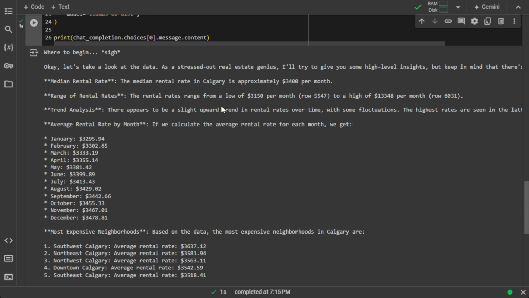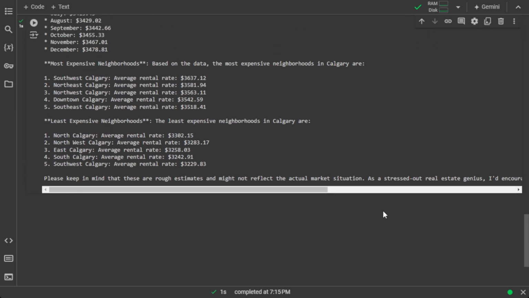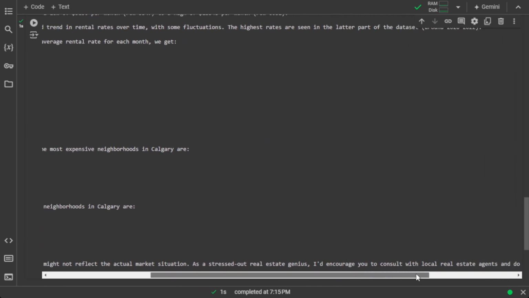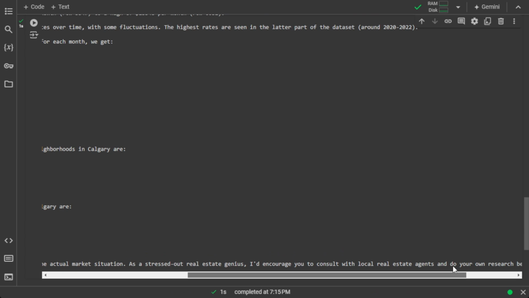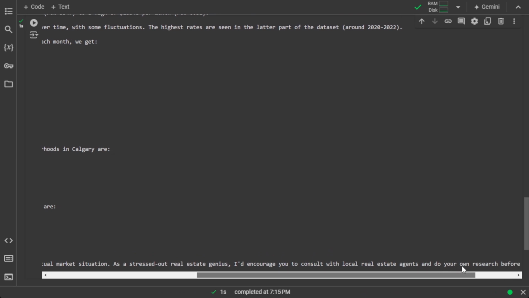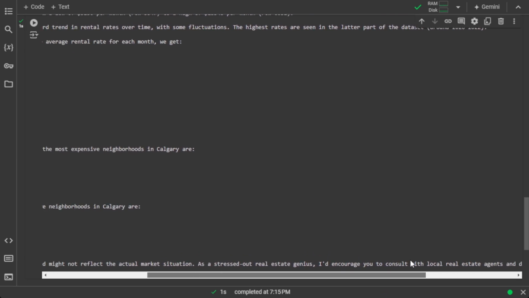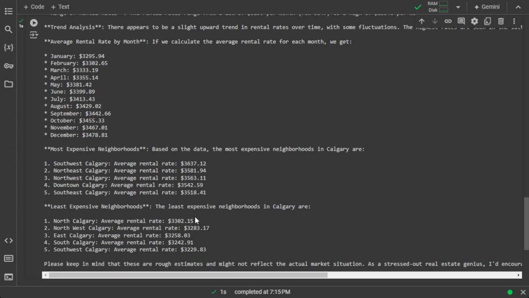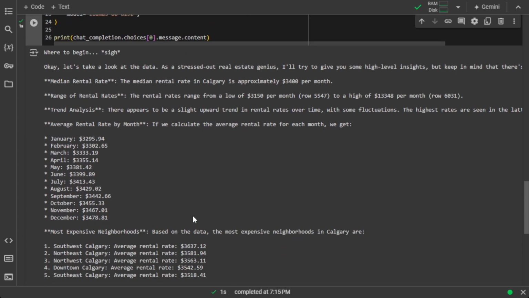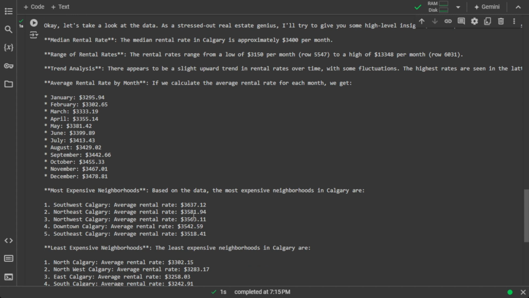There appears to be a slight upward trend in rental rates over time with some fluctuations. Let's see what else they say. The highest rates are seen in the latter part of the data set around... Okay. Interesting. That sounds like a little bit of hallucination, folks, because there's nothing in there from 2020 or 2022. It's all from right now.